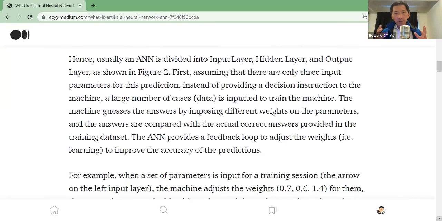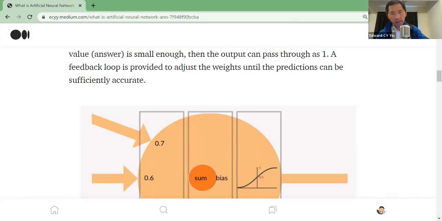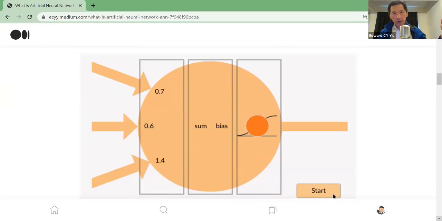Okay, so in order to explain what it means, I try to make use of a simple example, right? It is divided into input layer, hidden layer, and output layer as shown. First, we assume that there are only 3 input parameters, just like this one from the left-hand side. If the decisional predictions of this learning process depend on 3 parameters, then we put these into the input layer.